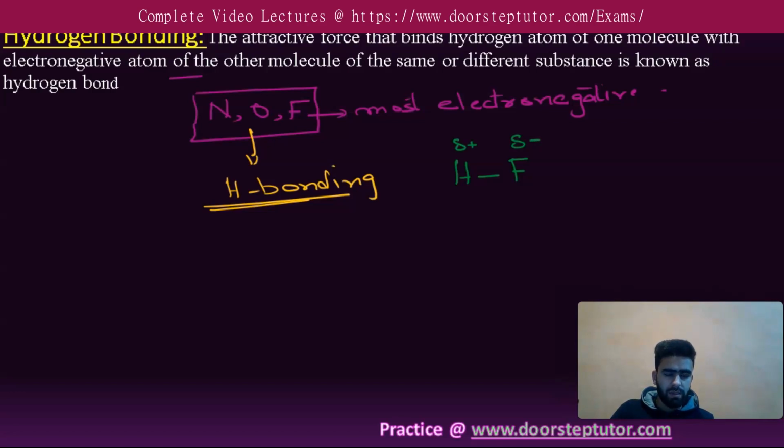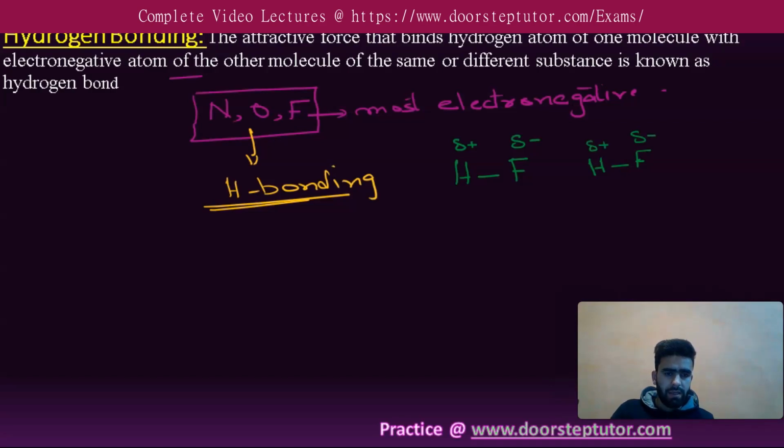When another HF molecule comes close, the same fluorine possesses delta negative and hydrogen delta positive.